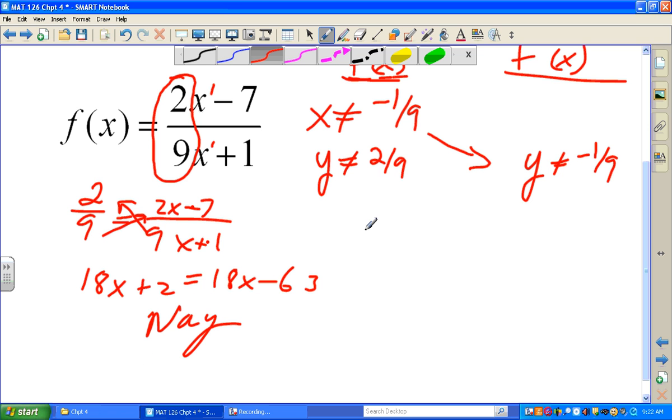Nay. So it cannot equal 2/9. If they were the same, it could equal 2/9 and you could solve. But that can't be, so it can't equal 2/9. Again, on range, people normally think horizontal asymptote. Okay?